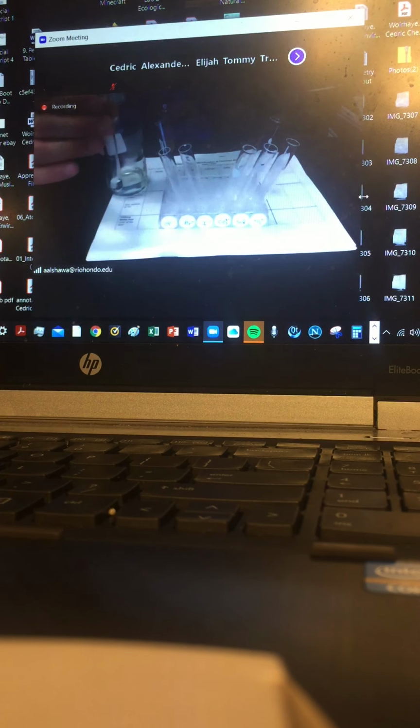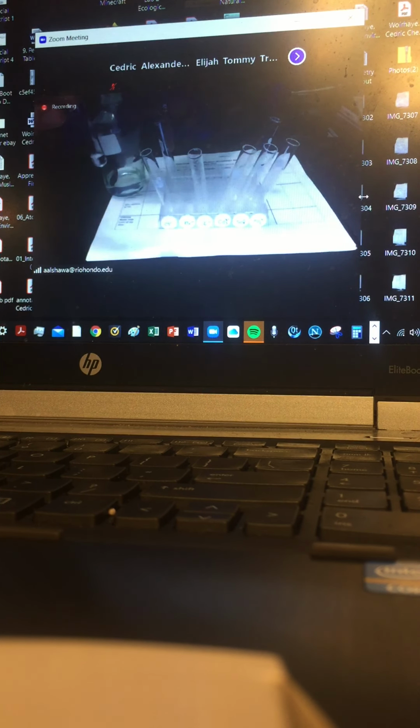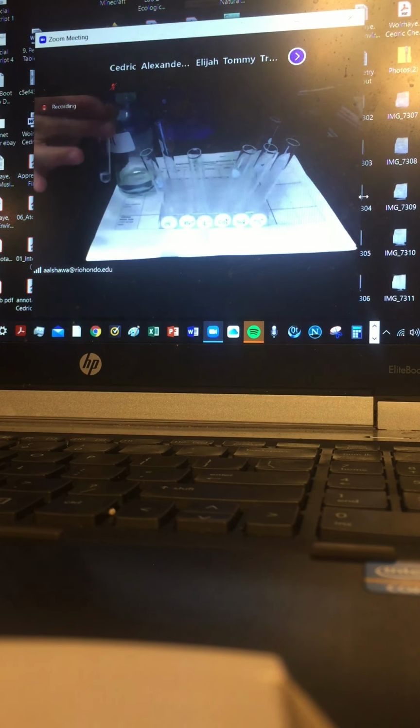This is the chloride. Here's the acid. And there's nothing. Here's the bromide with 2 drops of the acid. And the iodide with 3 drops of the acid.